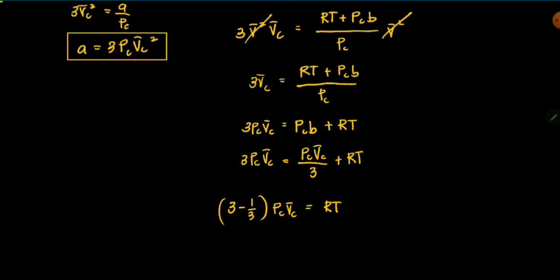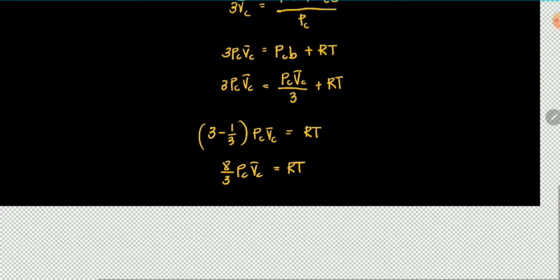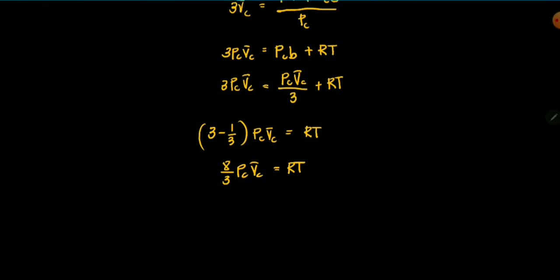That is 2 and 2/3, or 8 over 3, as a proper fraction. So, 8 over 3 PCVC is equal to RT. Now, divide both sides by PCVC. 8 over 3 is equal to RT over PCVC.